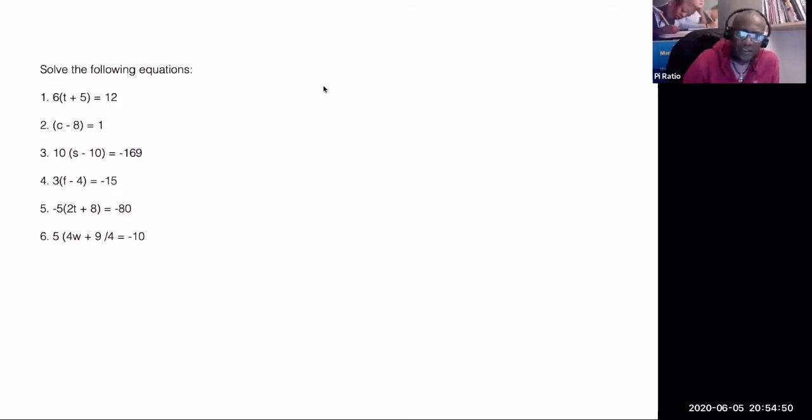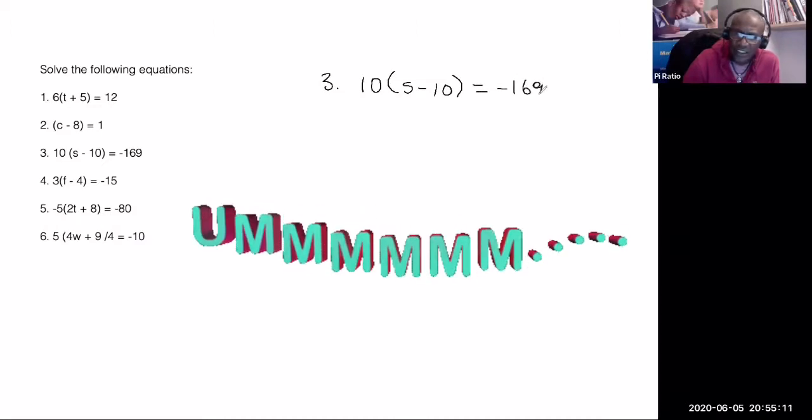Okay, the next sum we have is question number 3. 10 brackets S minus 10 is equal to minus 169.